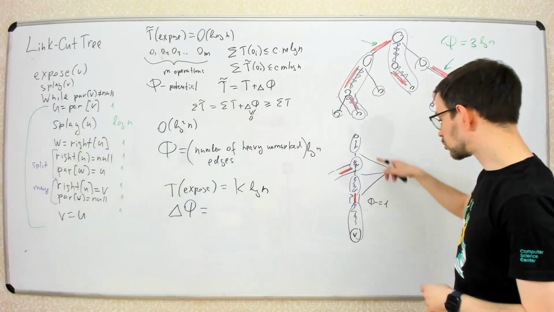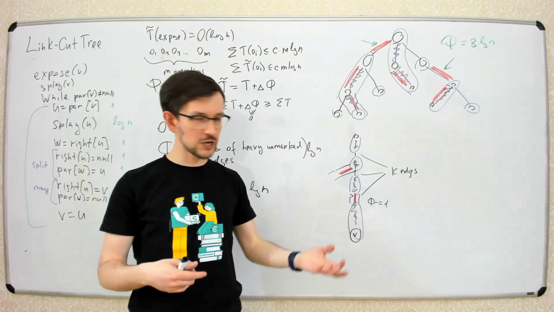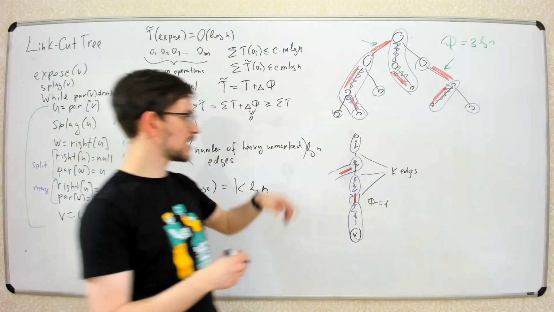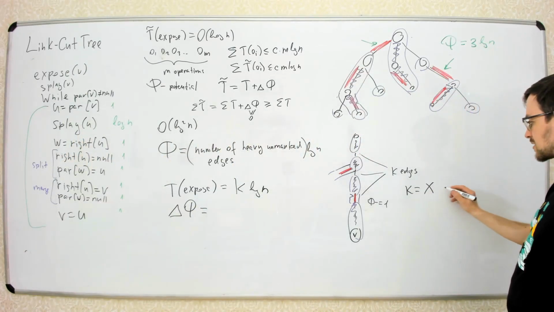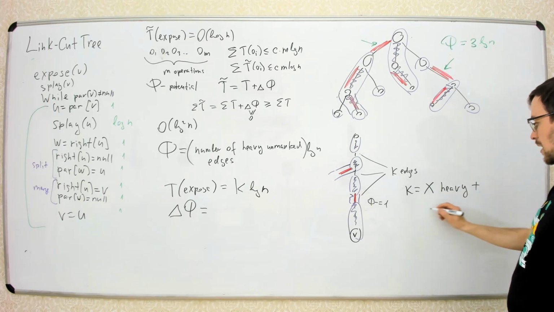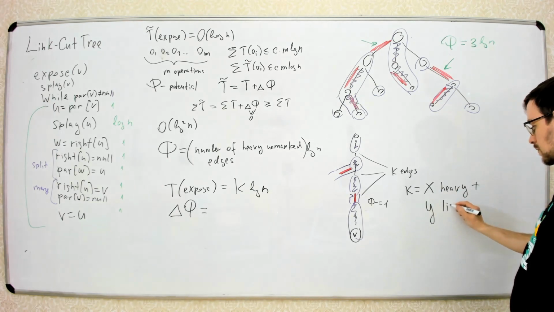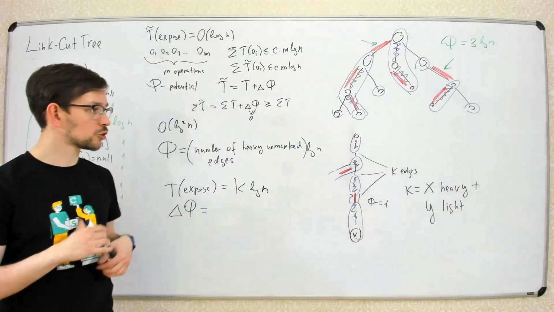So the total change of potential depends on the number of heavy edges and the number of light edges. So let's split this k into 2 halves. Let's say we have x heavy edges and y light edges. So what will be the total change of potential?